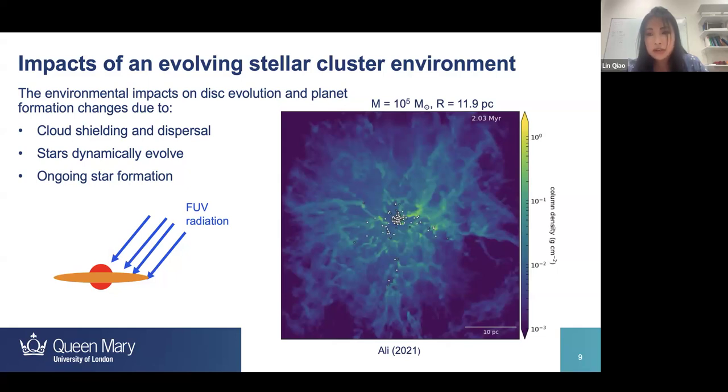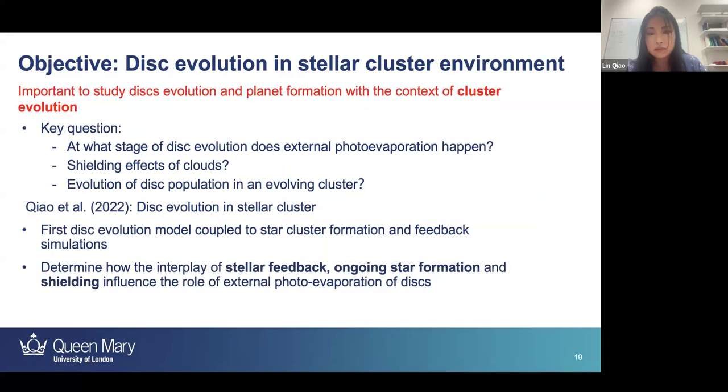Therefore, it is again not enough to study disk evolution and planet formation as isolated systems, as I previously mentioned. It is important to study these processes in the context of cluster evolution.